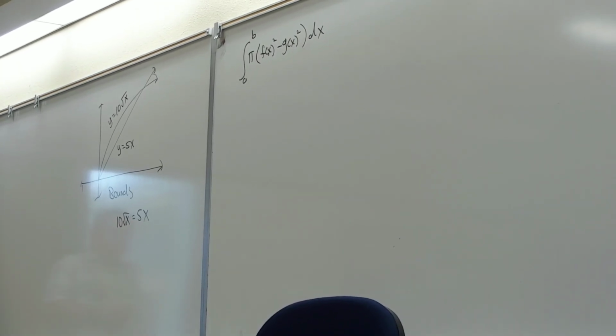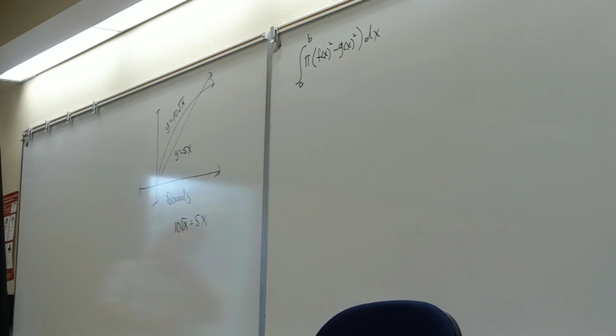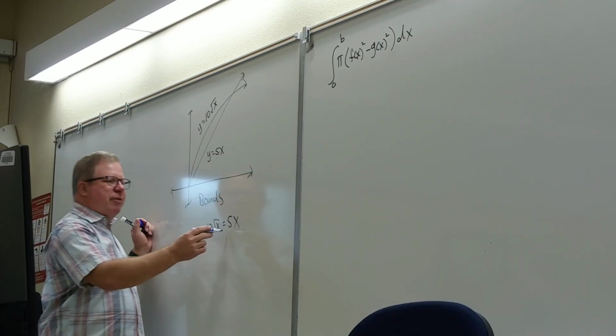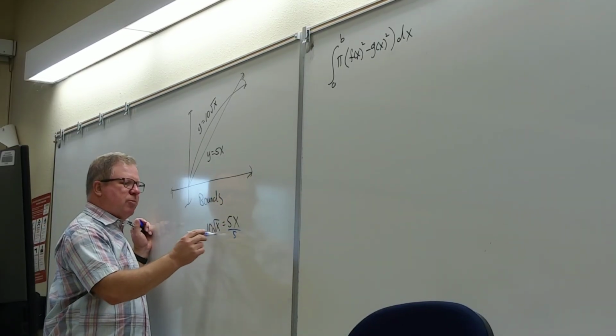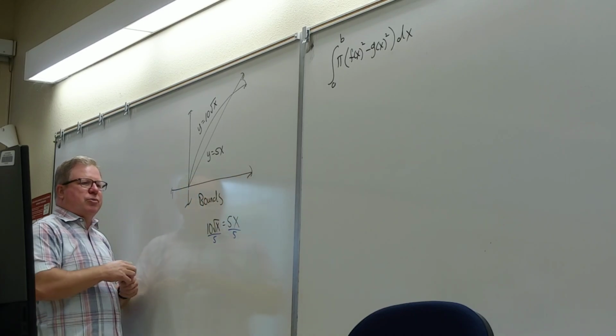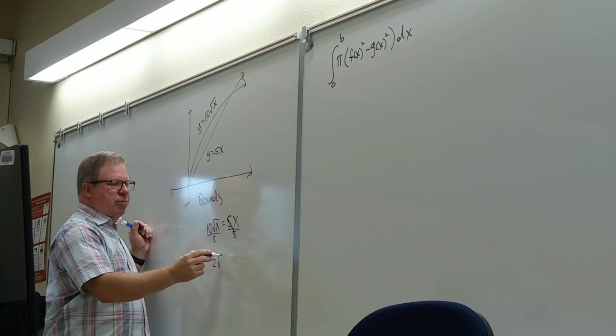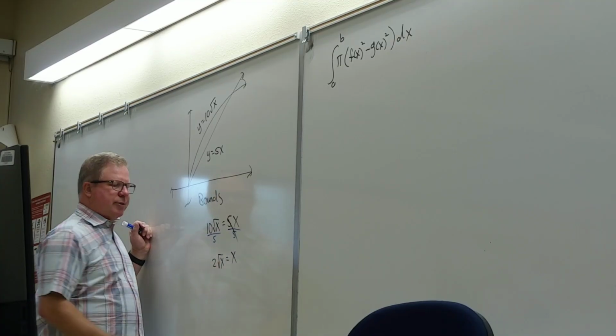So we're going to have to square each side to get rid of that root. Well, let's see, do we have to do that? Yeah, before we do that though, let's divide by 5. Make these numbers smaller so numbers don't get so large. So we have 2 square root x equals x.